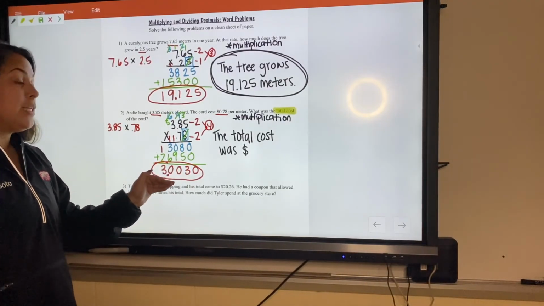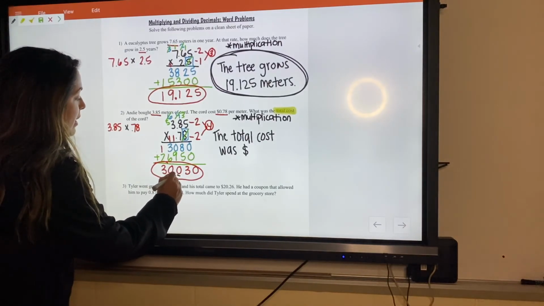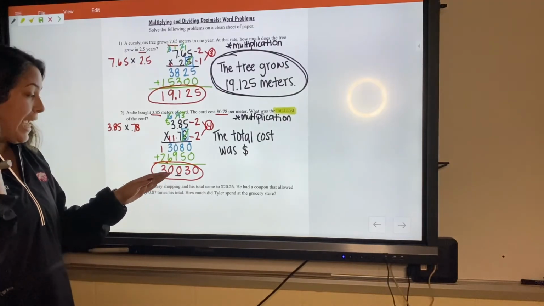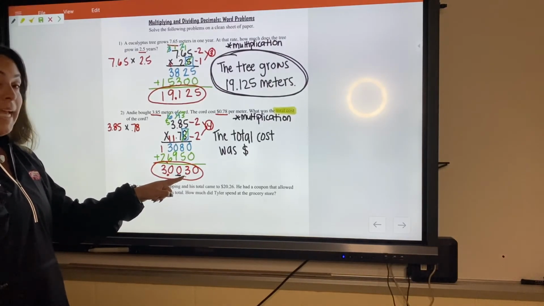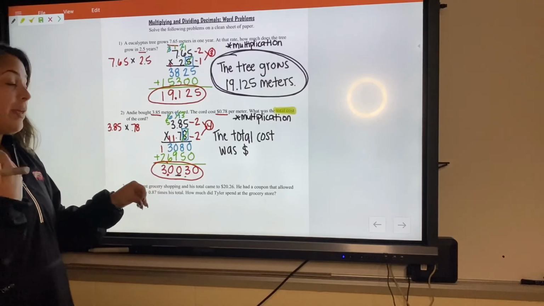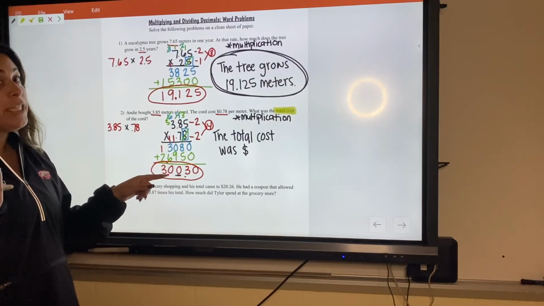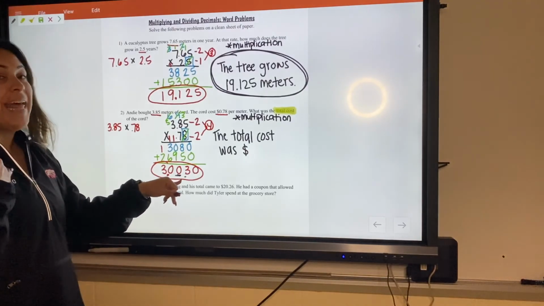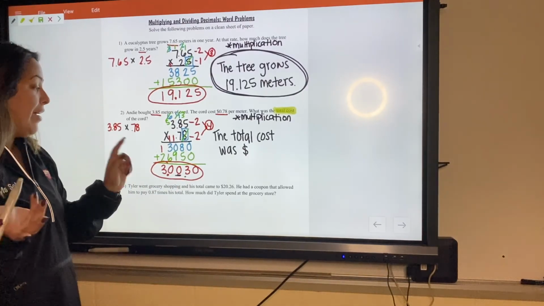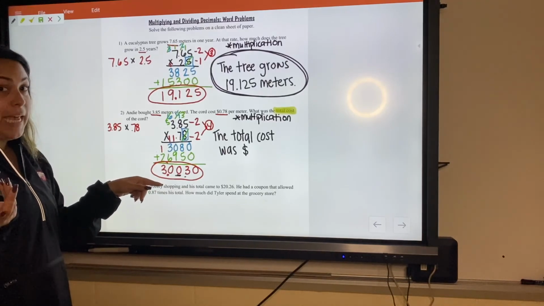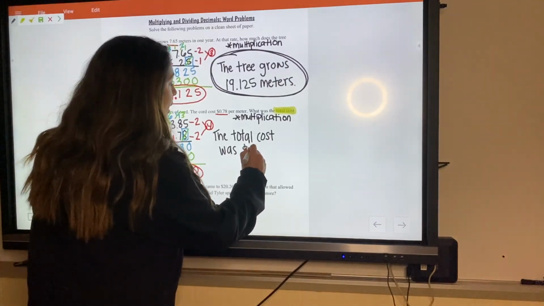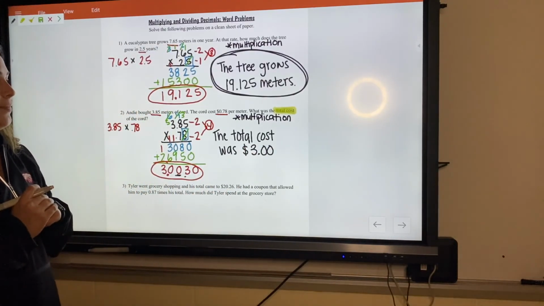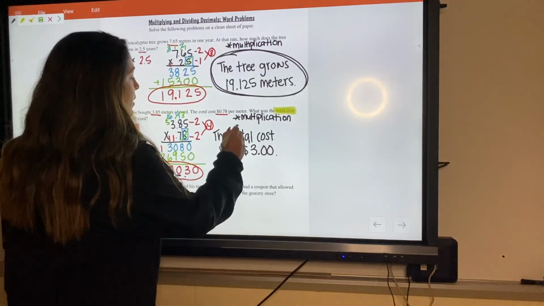So I want to round to the nearest penny, which is this number right here. Using what we learned in 5th grade, this number next to this 0 is going to tell me whether that 0 stays a 0 or if it's going to round up to a 1. Well, that 3 is less than 5, so the 0 is going to stay the same. So we're going to say $3. And that is our answer.